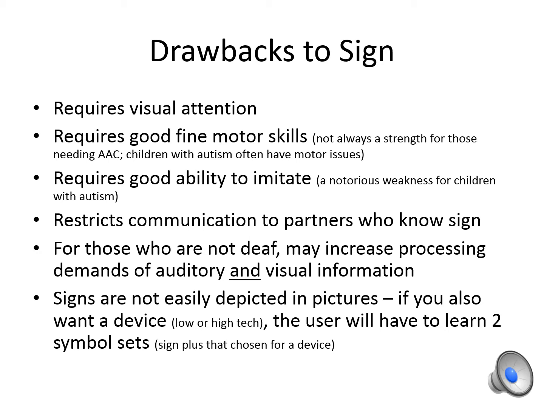The child needs to learn the sign for the word and the picture for the word, and also the spoken word. So we're giving them three different symbols that they must learn for the same word, and that increases the learning load for them. So where a lot of people will say sign language is a great option for kids on the spectrum, it is not necessarily the best option.